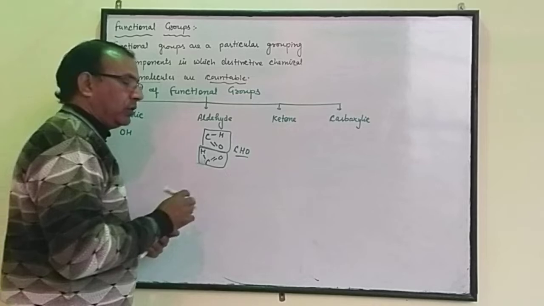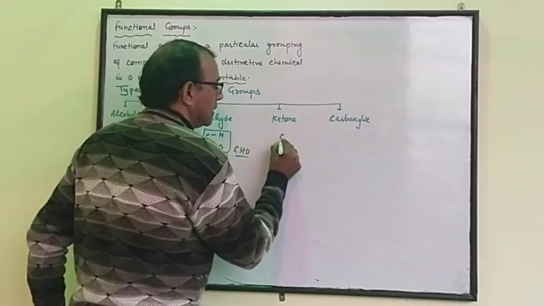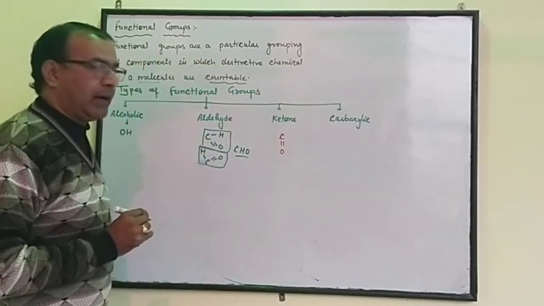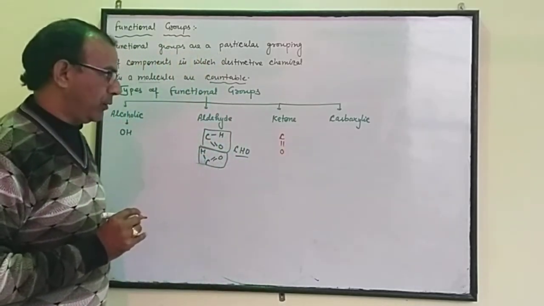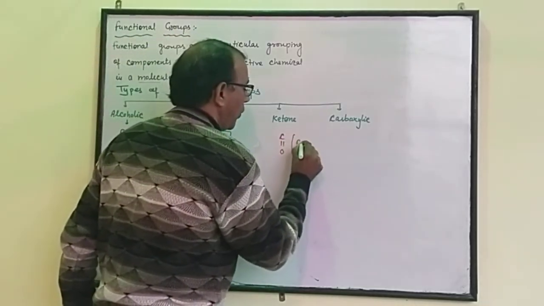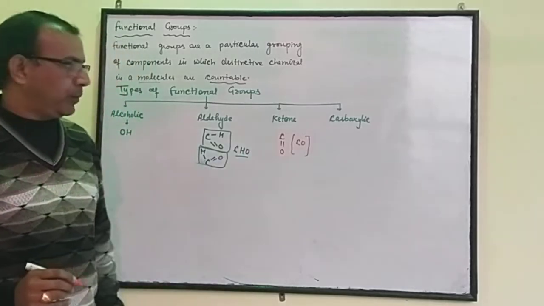And the ketone, the hydrocarbon compound in which carbon is bonded with oxygen by two covalent bonds, or we can say double covalent bond, or CO. We can write it CO. That is called ketone functional group.